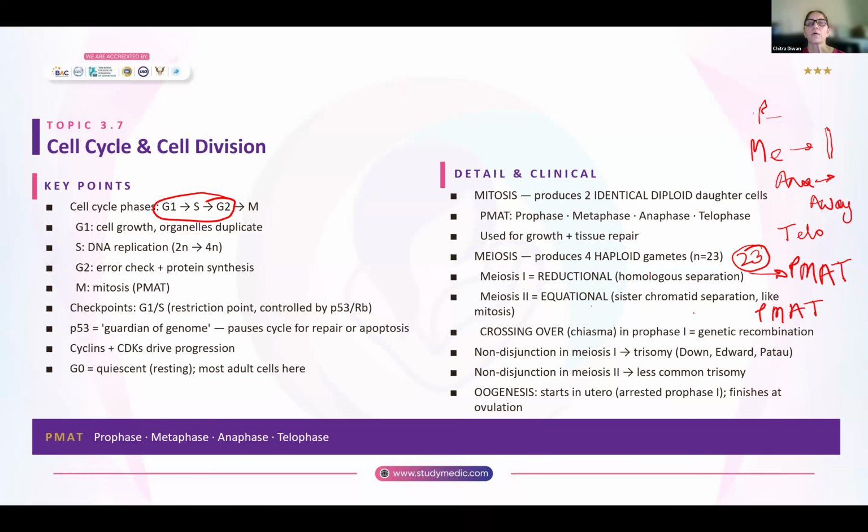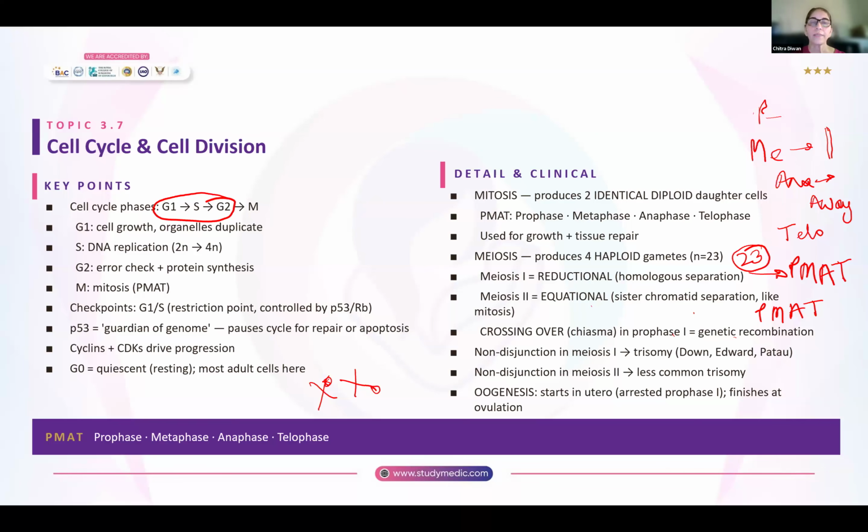Crossing over or chiasma happens in prophase 1. When two homologous chromosomes are aligned next to each other, there is some exchange of chromosomal material between these two. So a part of this chromosome will go and attach here, and a part of this chromosome will come and attach here.